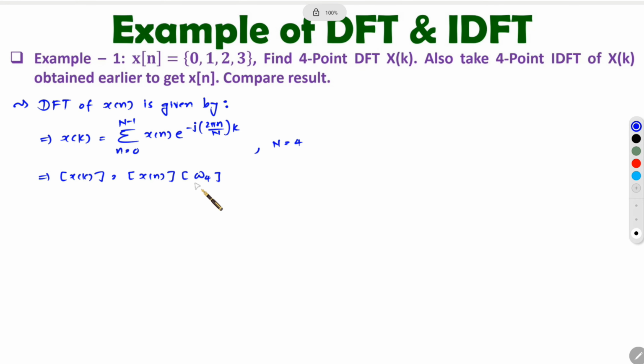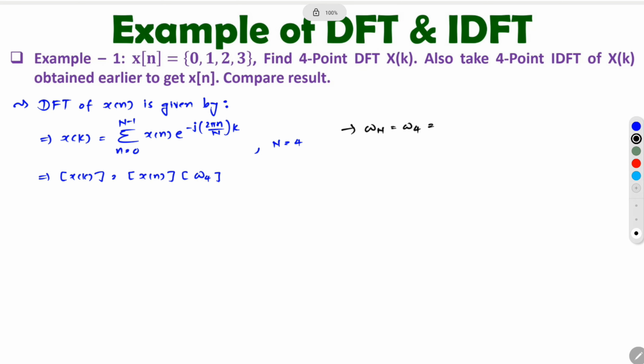Now you need to understand how to write matrix of weightage factor W4. For that, first of all, you need to understand what is W4. See here W N, that is the usual term, but here capital N is 4. So we will identify W4, and that will be based on e to the power this term, where capital N is equal to 4.